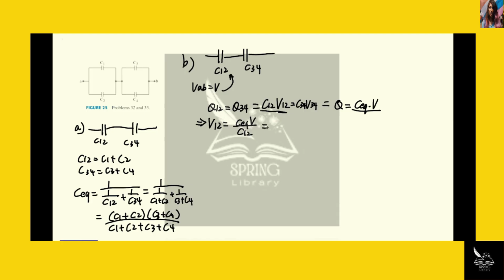And we can plug in all these numbers. So this divided by C12 is C1 plus C2.